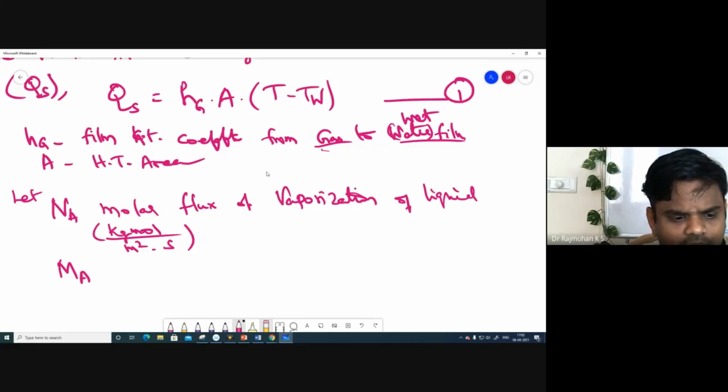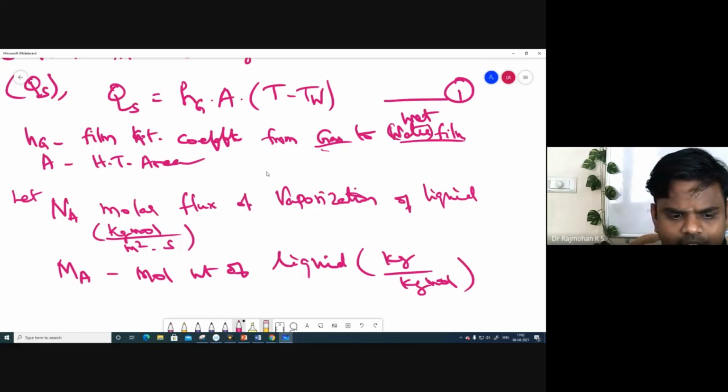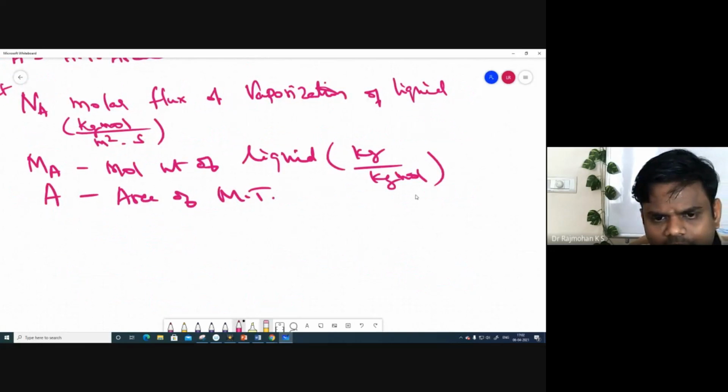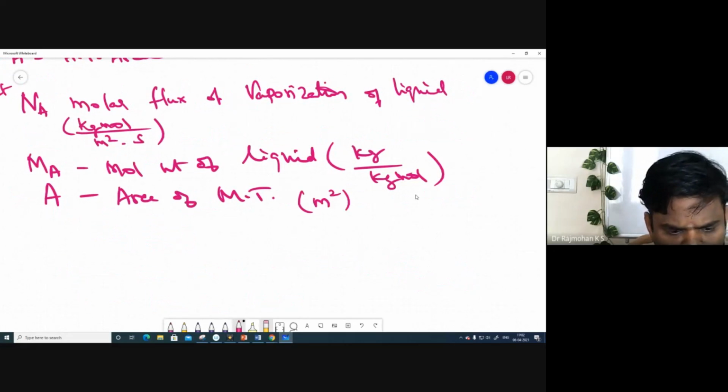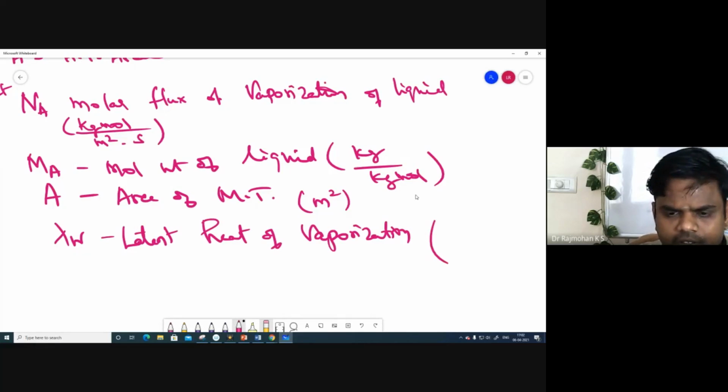Let the molecular weight of the liquid be MA, kg per kg mole. A is the area of mass transfer, with unit meter square. Then let lambda W be the latent heat of vaporization, in kilojoule per kg.